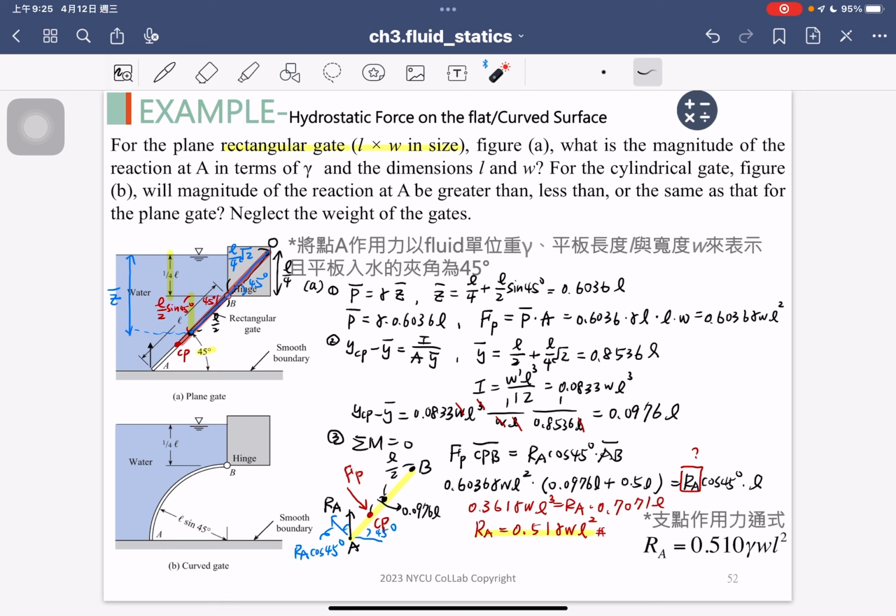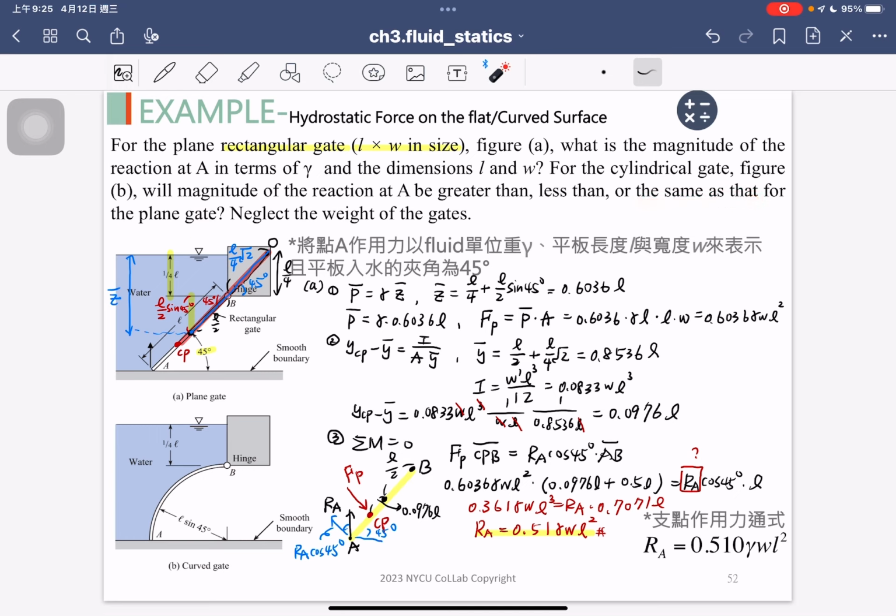The B question is, if we change the flat panel to the curvature panel, then the reaction force RA at the A point will be greater than, less than, or the same as for the plane gate.